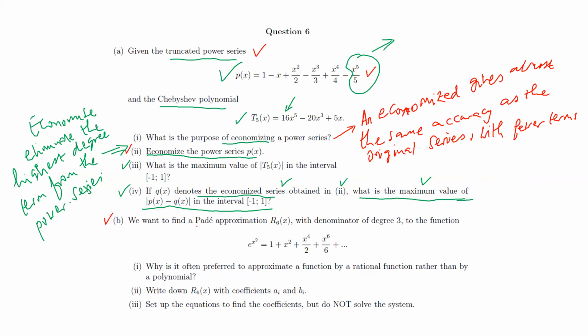We want to find now a Pade approximation R sub 6 of x, with the denominator of degree 3, to the function this.